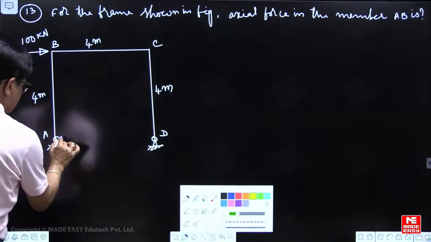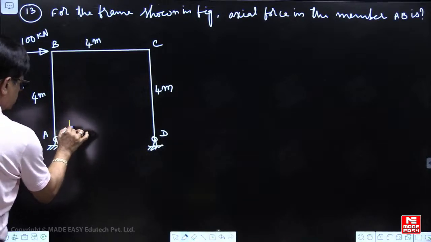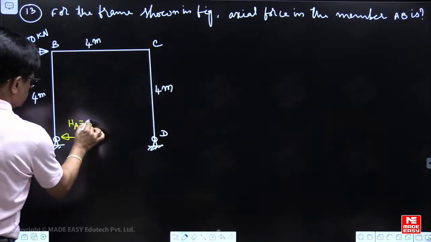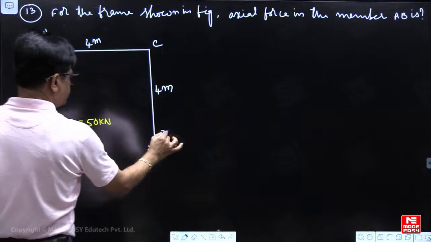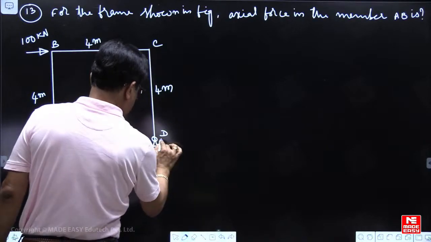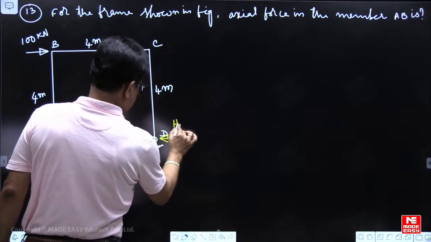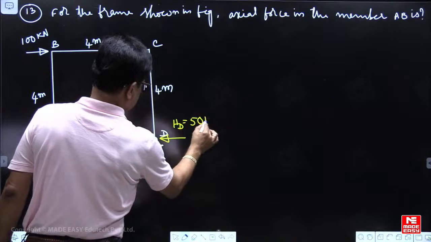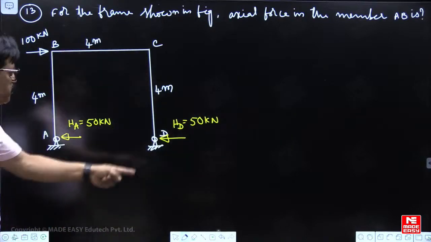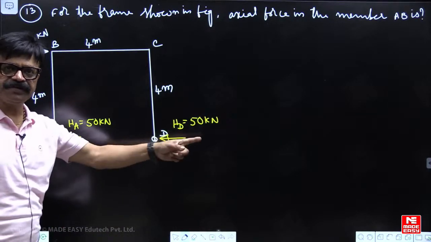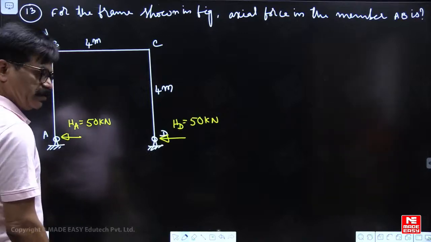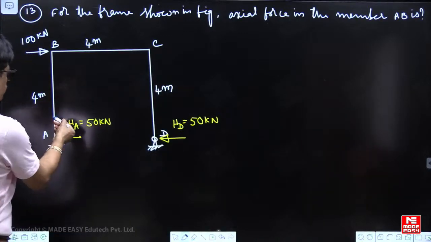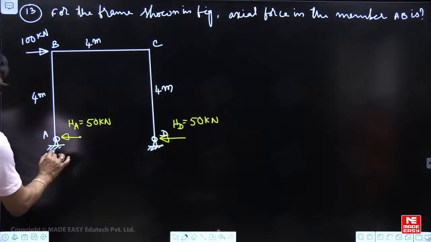That means your HA is 50. Now if I take moments of all forces about D equated to 0, you will get plus 100 into 4 minus VA into 4 is equal to 0.